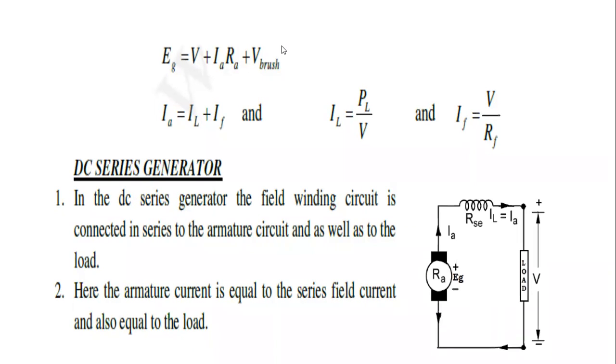Kirchhoff voltage law means the algebraic sum of the voltages is equal to 0. Therefore EG equals V plus IARA, where V is the voltage across the load and IARA is the voltage drop across the armature. This is the V brush, that means the voltage drop across the brushes.